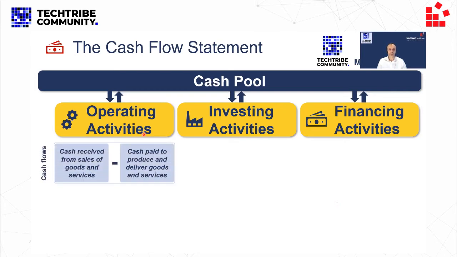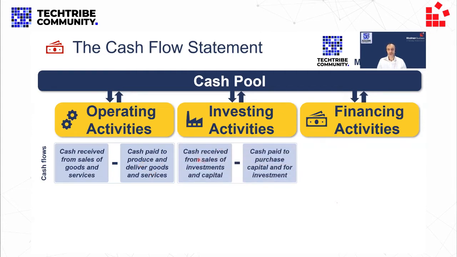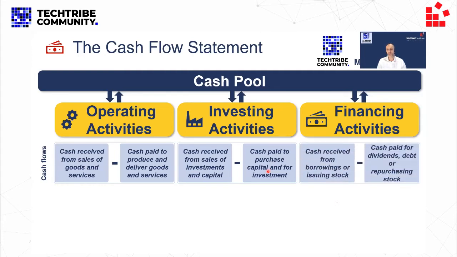So under the operating activities, really you have the cash received from sales of goods and services minus cash paid to produce and deliver the goods and services. Under investing activities, you have cash received from sales of investments and capital minus cash paid to purchase capital and where you invest in other businesses or in investment entities.